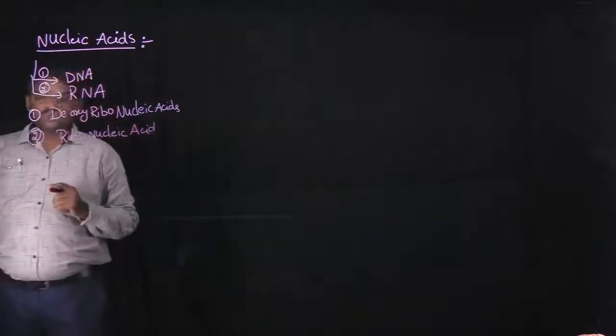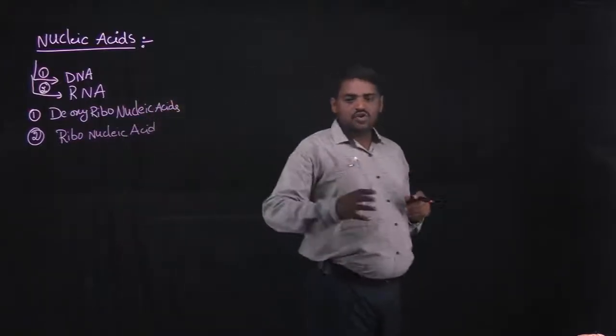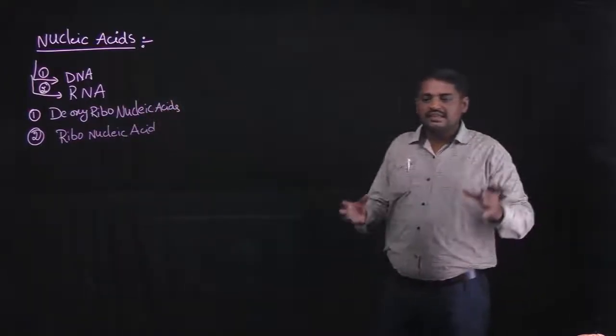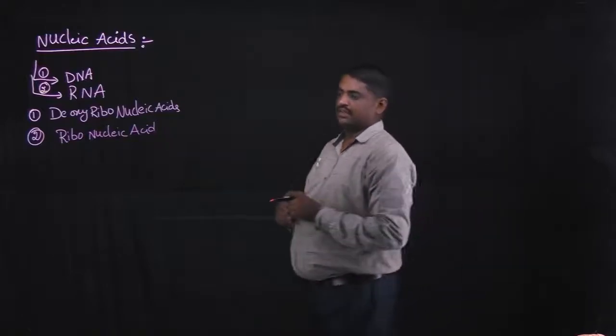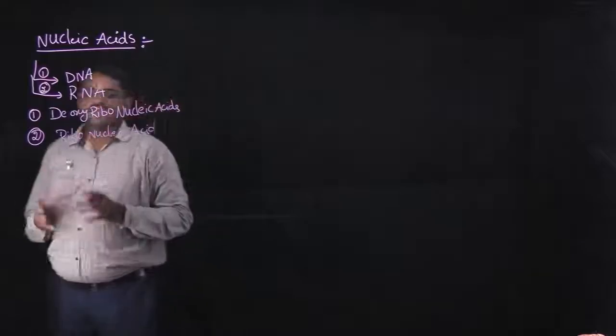These are the two types of nucleic acids: first one deoxyribonucleic acid and the second one ribonucleic acid.